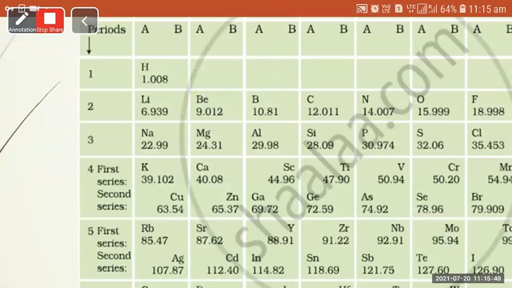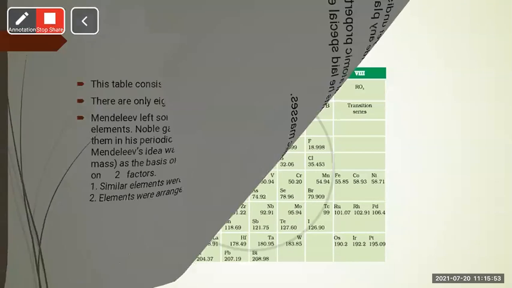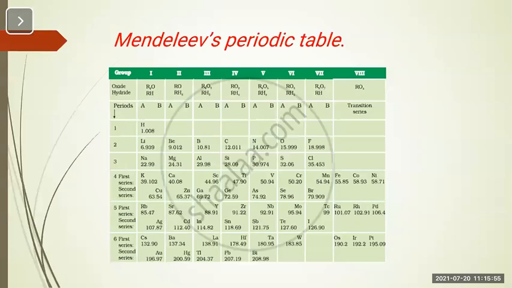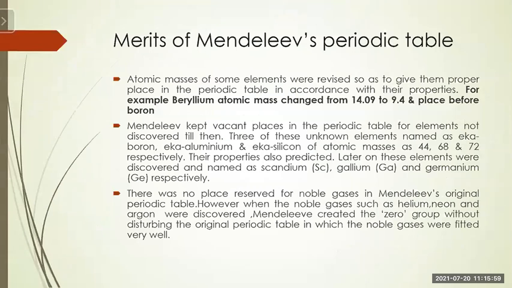Then let us see the next merit. Mendeleev kept the vacant places in the periodic table for elements not discovered till then.